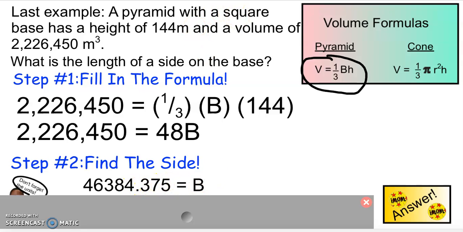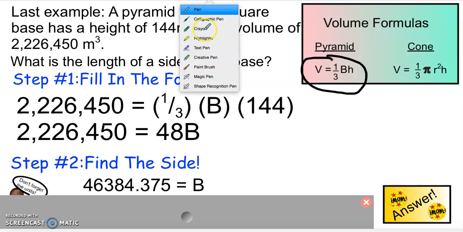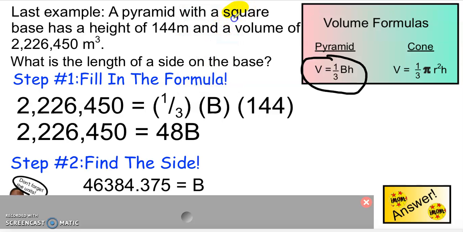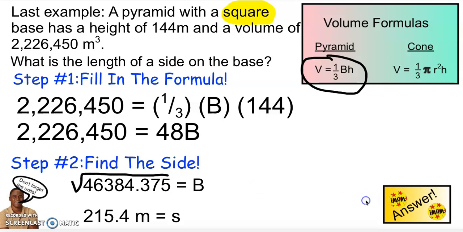Now my base is a square, and because my base is a square, that's going to be side times side is calculating the area of a square. So in order to figure out this answer, I'm going to have to take the square root. So I'm going to take the square root of this number, which I just punch into my calculator, and I get 215.4 meters. So that's the length of one of the sides. And that's it.